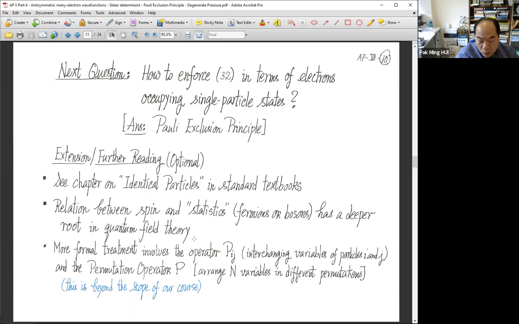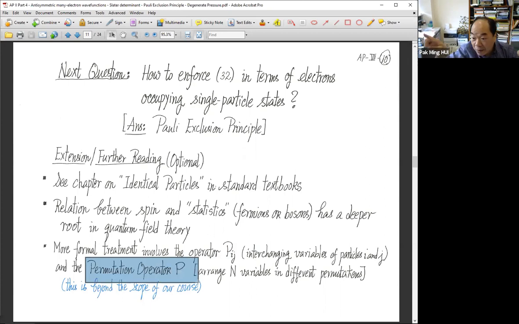In a more advanced quantum mechanics course, you will encounter a new operator called the interchange operator. P_ij operates on a many body wave function, picks out i and j, and interchanges them. Or you will see something fancier called the permutation operator.